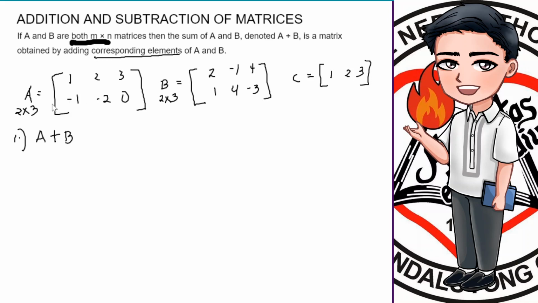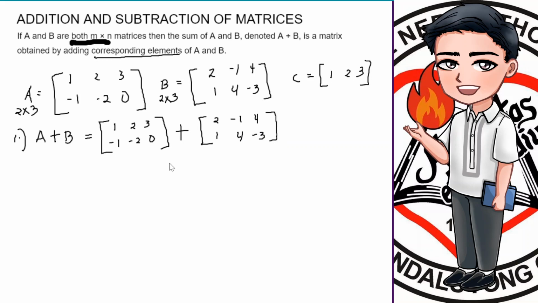Therefore, both matrices are the same size, so we can now proceed to addition. Copying our matrices: 1, 2, 3, -1, -2, 0 plus matrix B, which is 2, -1, 4, 1, 4, -3.